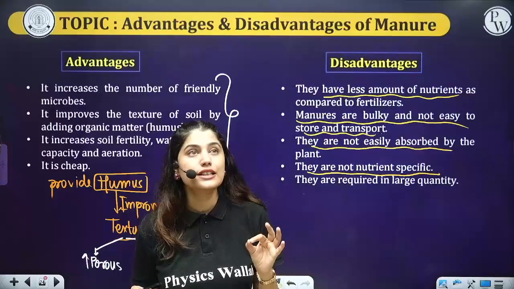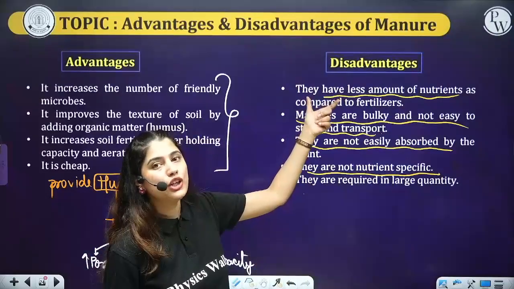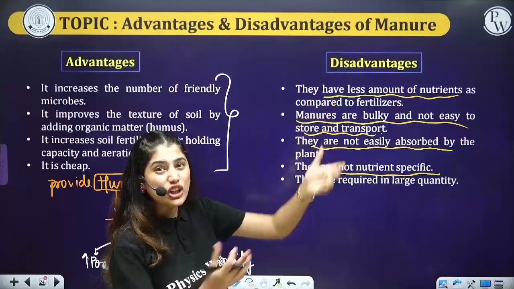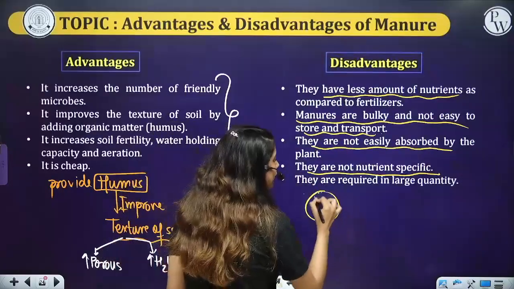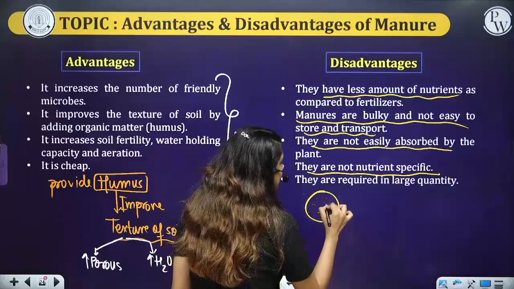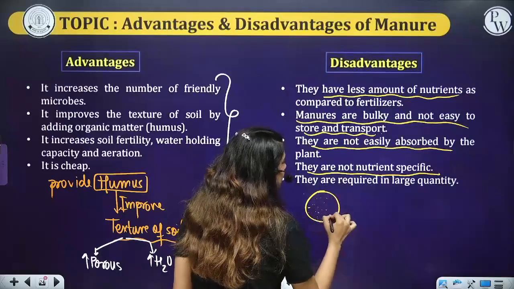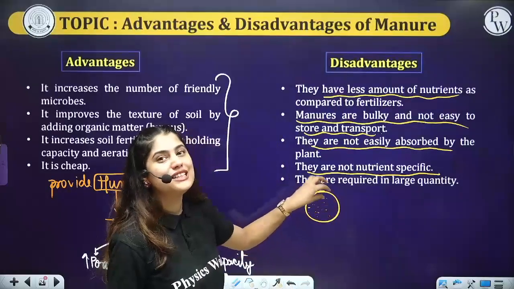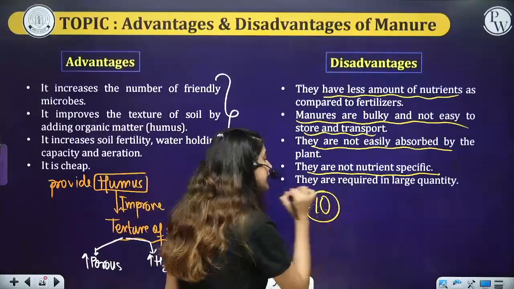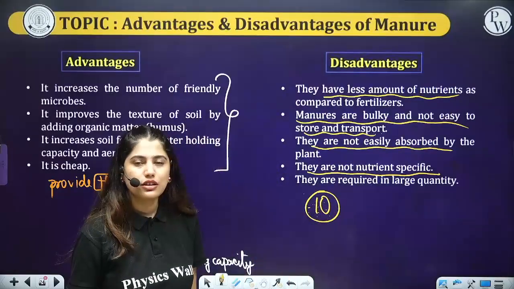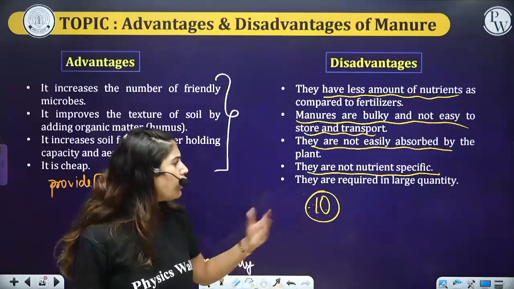What happens, basically, manures are like that chapati, you need more. That is, manures have less nitrogen, or shall I say, they have less nutrients in them. The amount of nutrients in them is less. Let's say this amount of manure is having only 10 nutrients. Now you need more. How are you going to supply that?